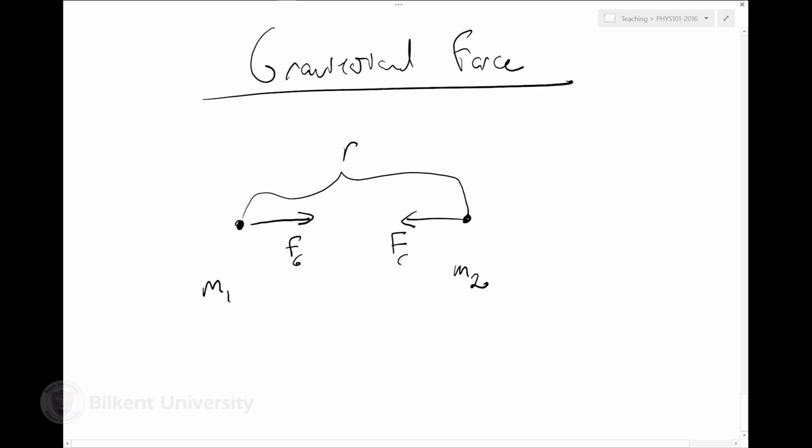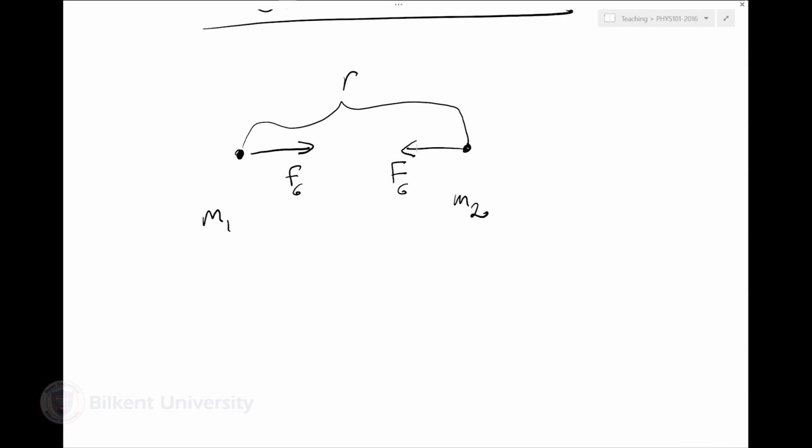Let me call this Fg. The magnitude of this force, Fg, is proportional to both masses and inversely proportional to the square of the distance between them. Okay. And he said there must be a universal constant in front, which we now call Newton's gravitational constant, G.